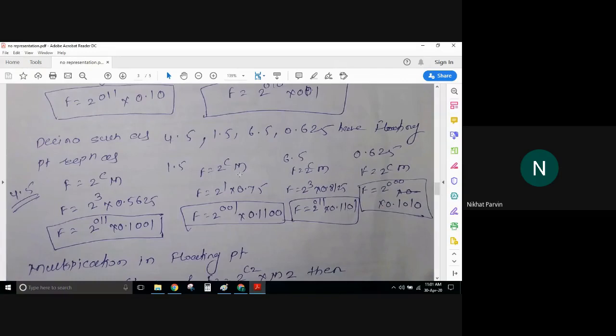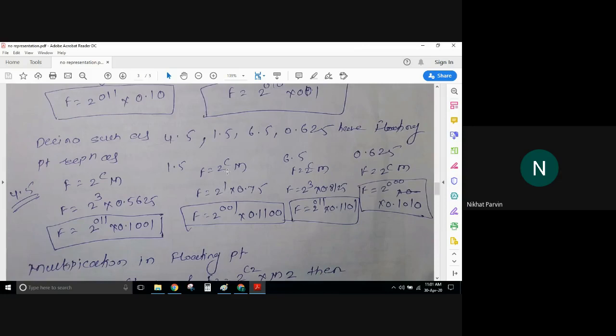Same way you can do over here also. Here I want only 1.5. So 2 power 1 is 2, then 2 into the fractional part. If you take the exponent as more and multiply with the fractional part, again the result will be less only, right?